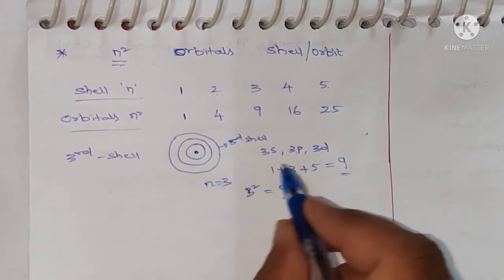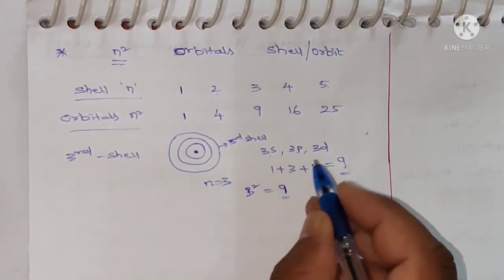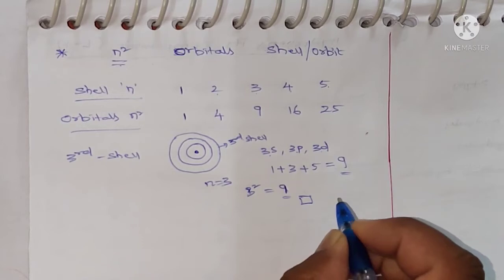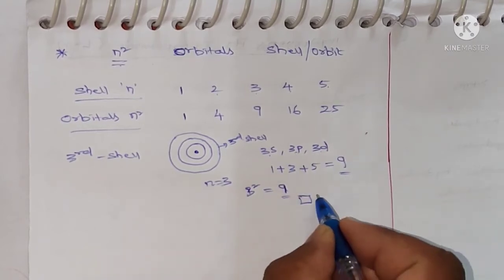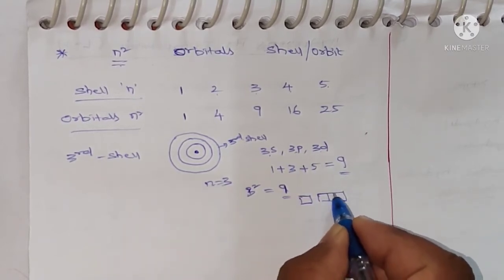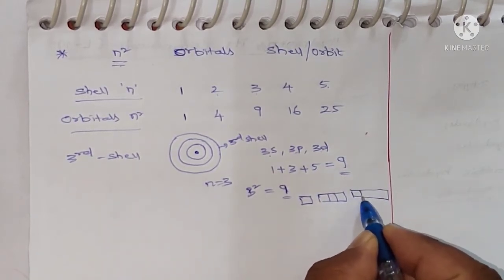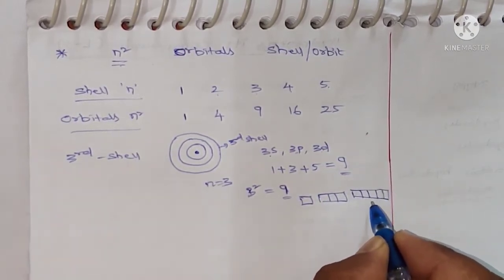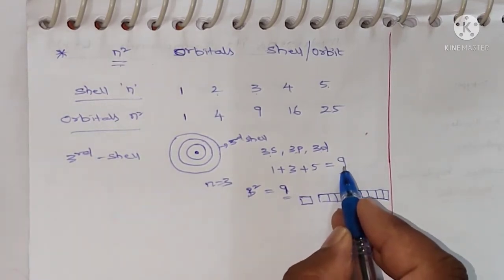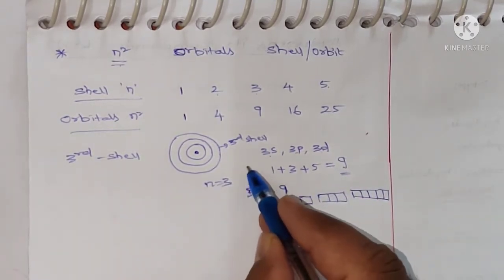So here in this third shell, 1 3s and 3p orbitals and 5 d orbitals, 1, 2, 3, 4, 5. So total 9 orbitals in third shell.